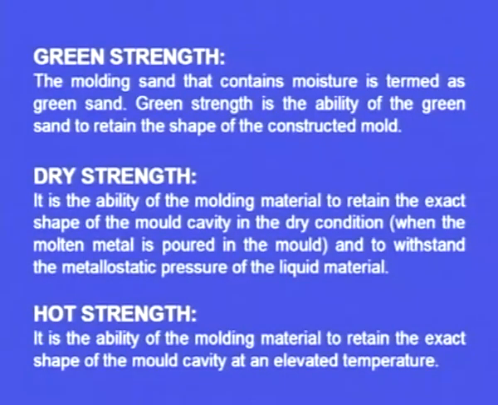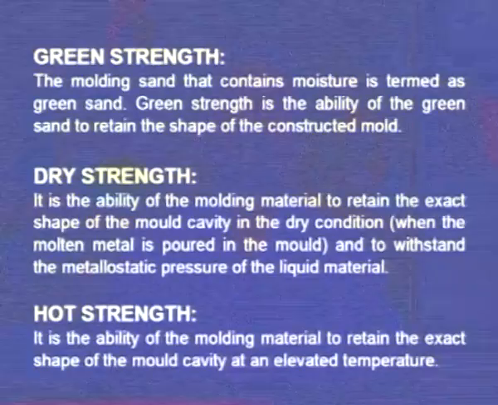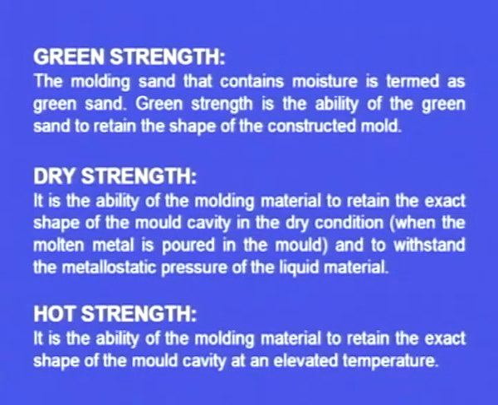Green strength is the ability of the green sand to retain the shape of the constructed mold. Because moisture is present, it should not lose its strength, so a good molding sand should have good green strength. Let us see the dry strength. Dry strength means strength in the absence of moisture.